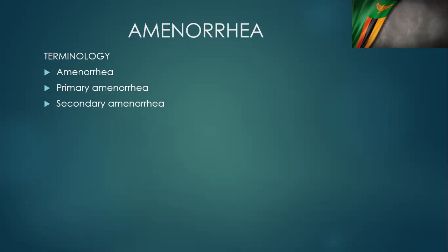So if she has secondary sexual characteristics, we wait until she's 16 years old before we can say there's primary amenorrhea here. In a girl with no secondary sexual characteristics, we diagnose primary amenorrhea when she's 14.